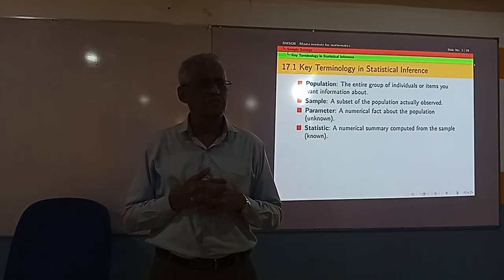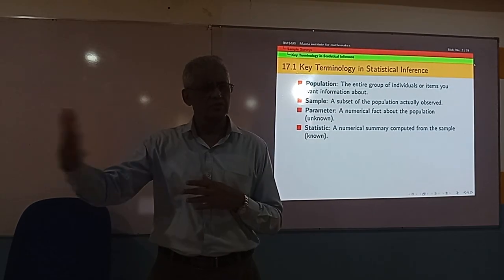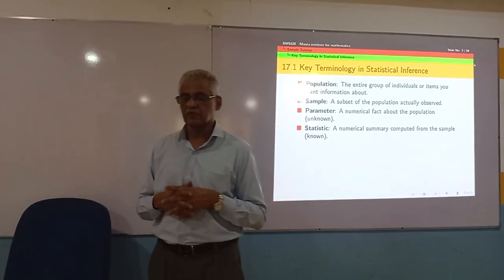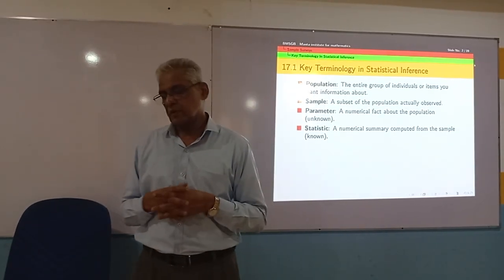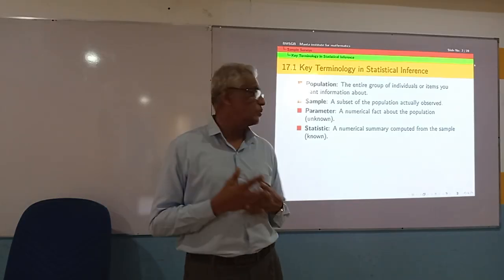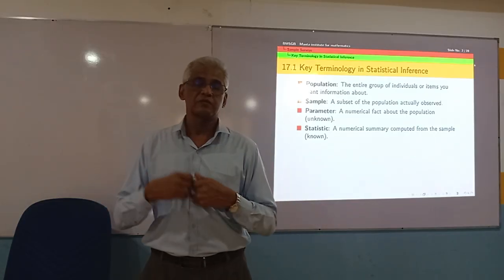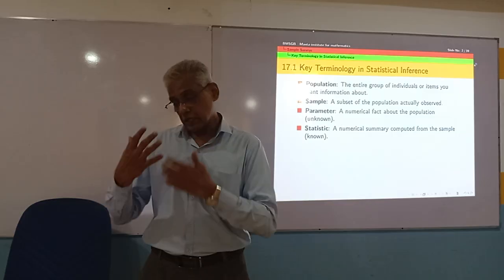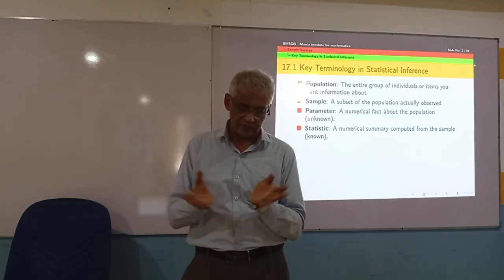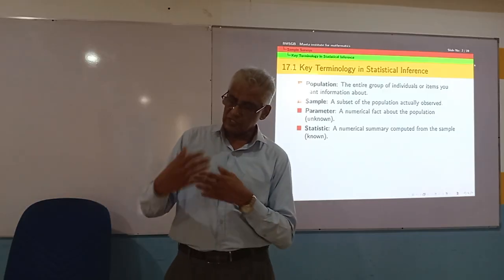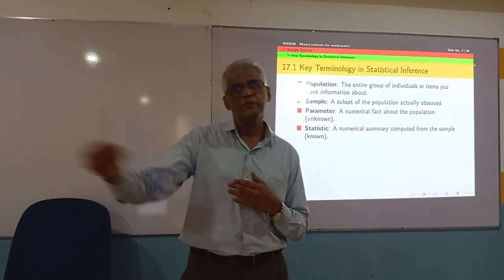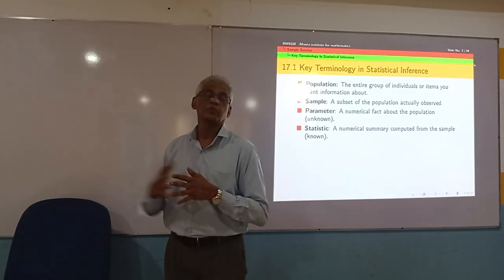The census department does it every 5 years or so for the whole of Sri Lanka. They collect data from every household. But that is not done every day. Right? So usually what we do is take a subset, which is called the sample, from the population, and then get the data from that subset, and then based on that data obtained from the sample, we make some kind of guesses about the population.